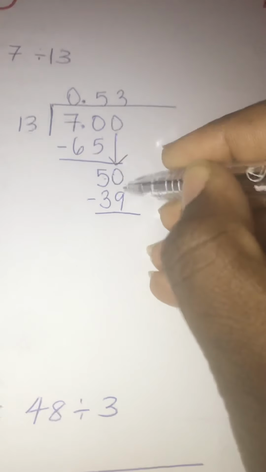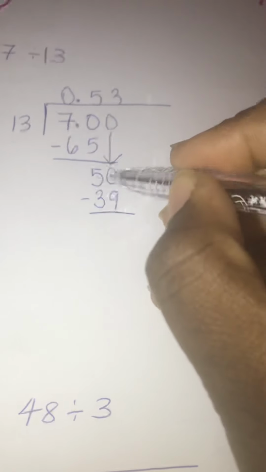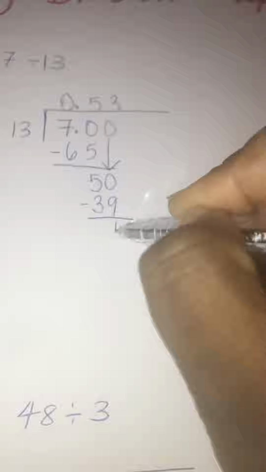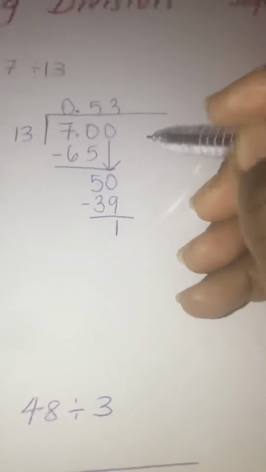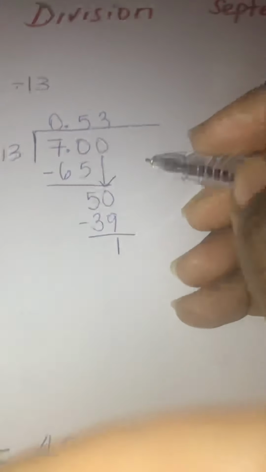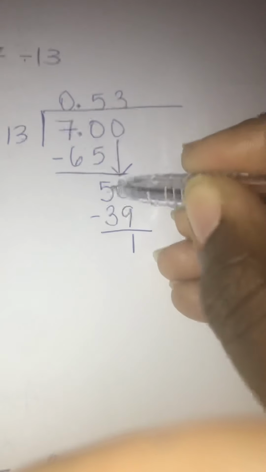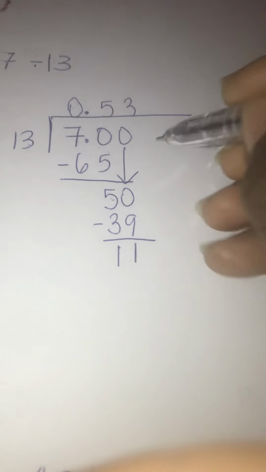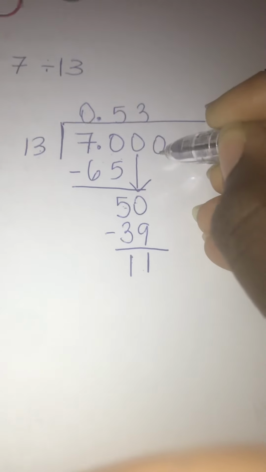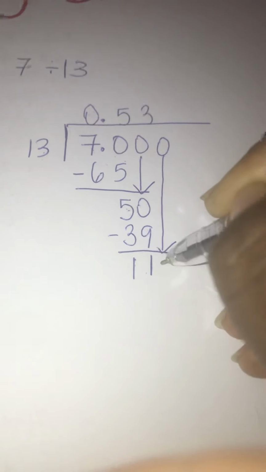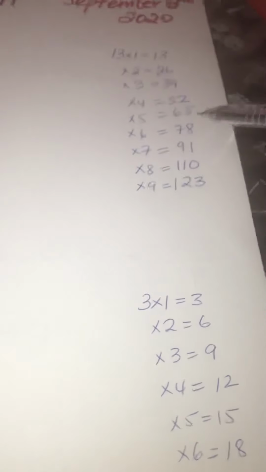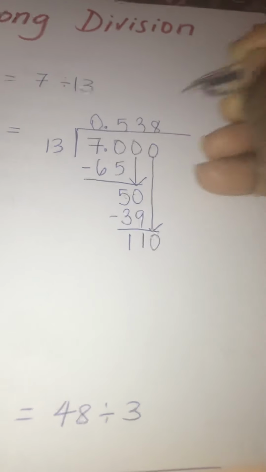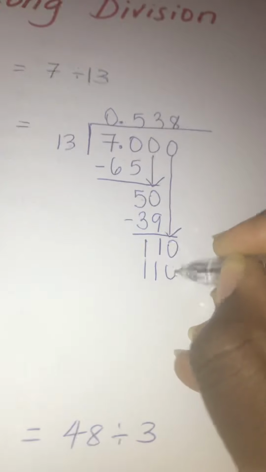When I subtract, I get 11. Since I have a remainder, I bring down the 0. I come back here. I see 8.